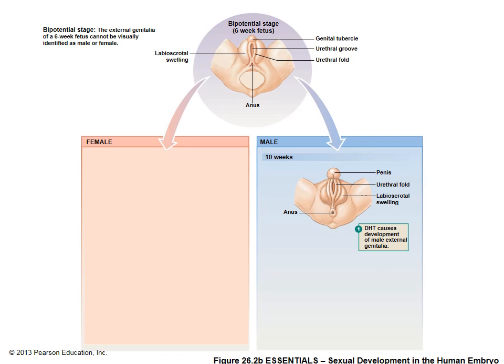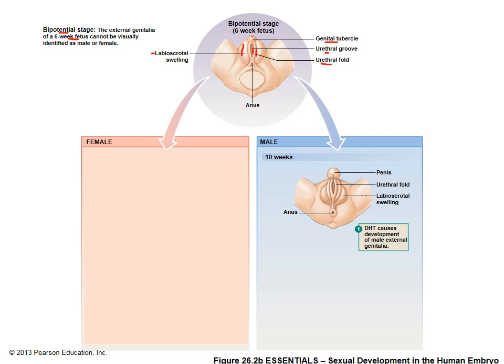Okay, so now we move away from the development of the internal genitalia and we take a look at the development of the external genitalia. First of all, at the bipotential stage, at age 6 weeks during fetal development, the fetus has bipotential external genitalia, consisting of the labioscrotal swellings, the genital tubercle, the urethral groove, and the urethral fold.